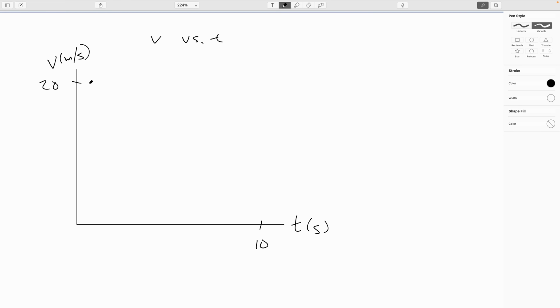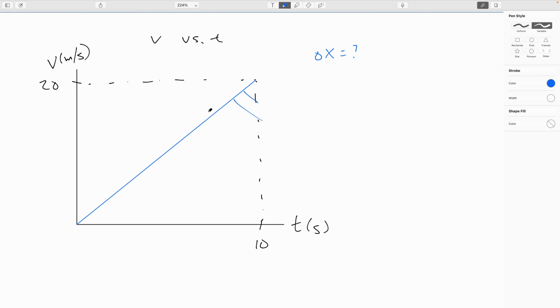There we go. So we can say that the object starts at rest and goes to 20 meters per second over 10 seconds. And what I want to know is, what is the displacement for this motion?